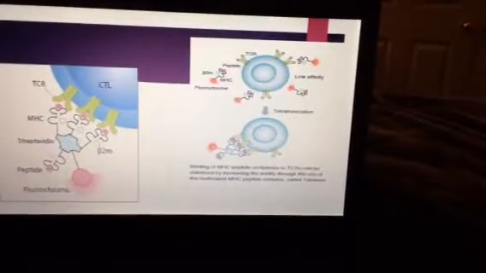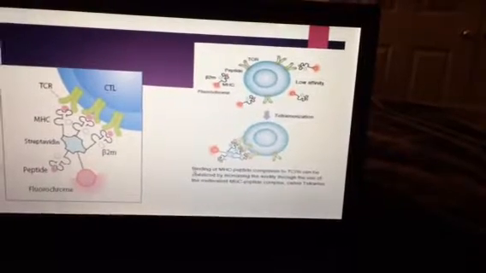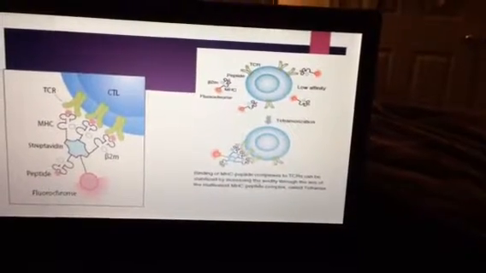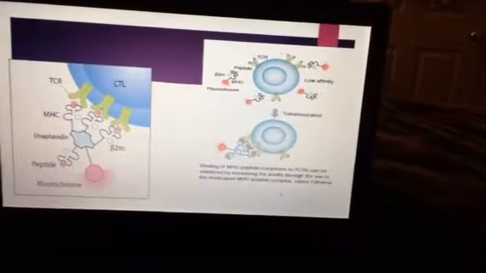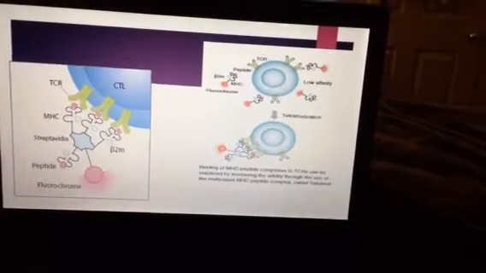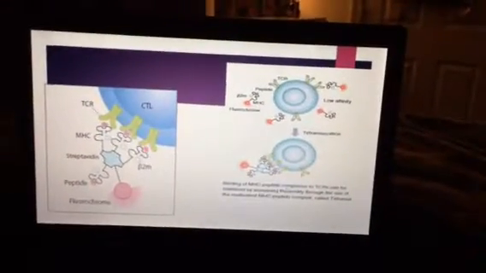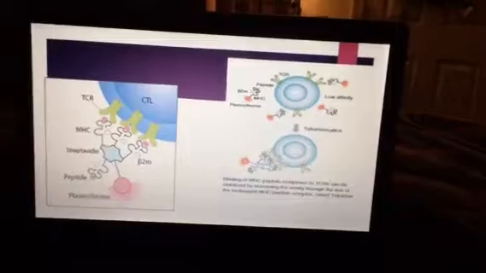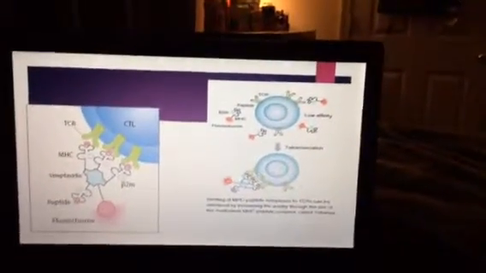So just like this picture here is described, they basically said the same thing, that MHC peptide complexes bind to TCR. So that's MHC class 1 tetramers basically. This is the process of MHC class 1 tetramers.